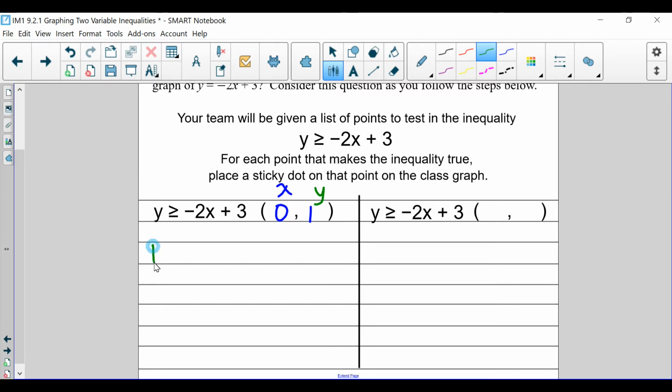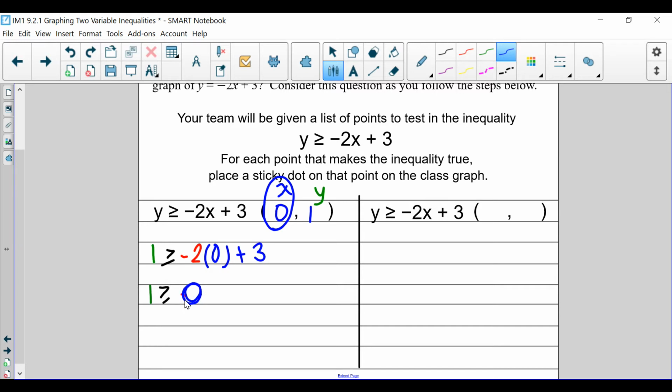So we're going to put 1 here, the inequality symbol, negative 2, but instead of x, we are putting in 0 because it's there. Then we ask ourselves, does this make a true statement? Let's see. 1, inequality here, negative 2 times 0. Negative 2 times 0 is just 0.